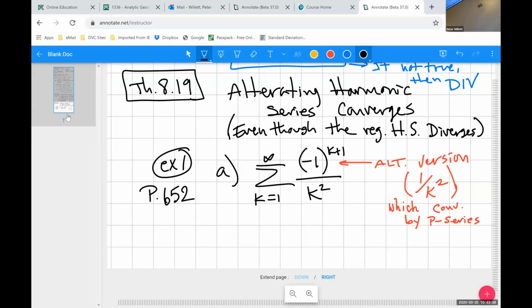So the first thing for the alternating series test is to say that the a sub k part without the alternating sign is non-increasing. So first we would note, let's do notation a little different. So a sub k is equal to 1 over k squared.